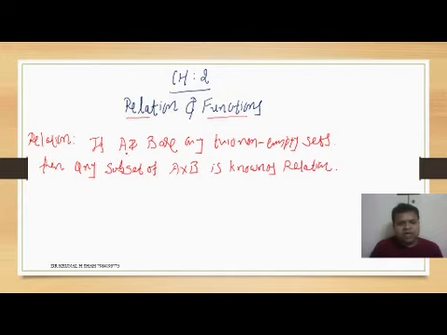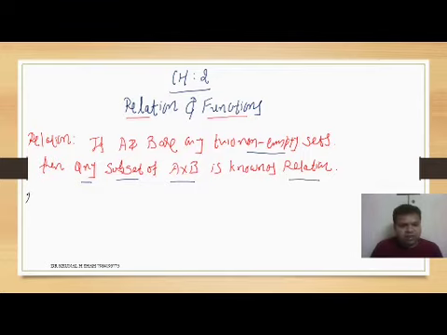Once again, if A and B are any two non-empty sets, that's the most important one. They must be non-empty sets. Then any subset of A cross B is known as a relation.